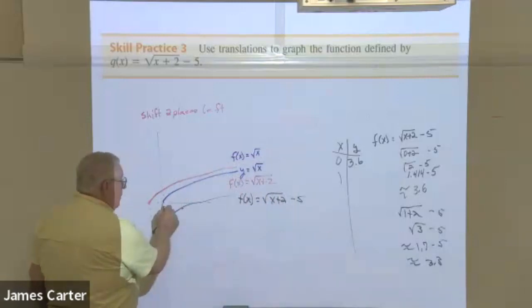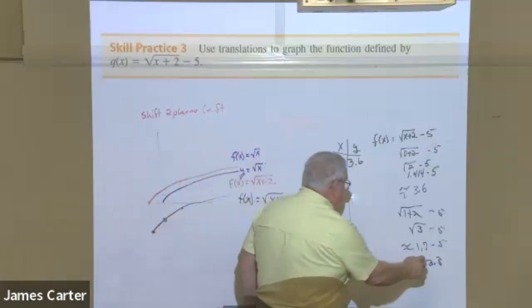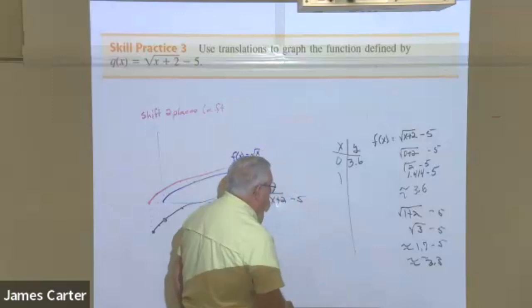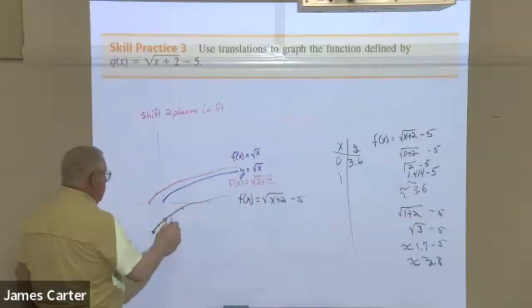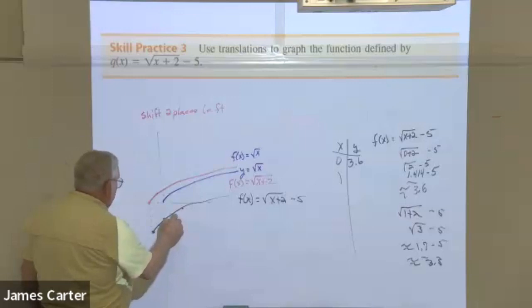So I let x equal 1, and here, this is negative 3.3. So it would be about right here.